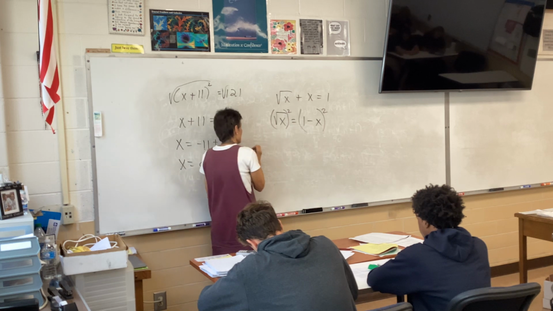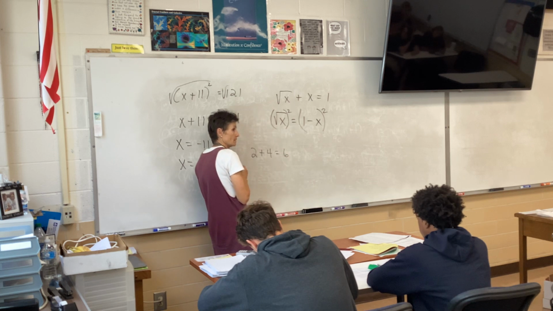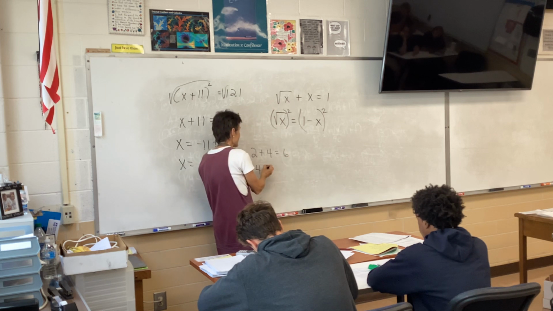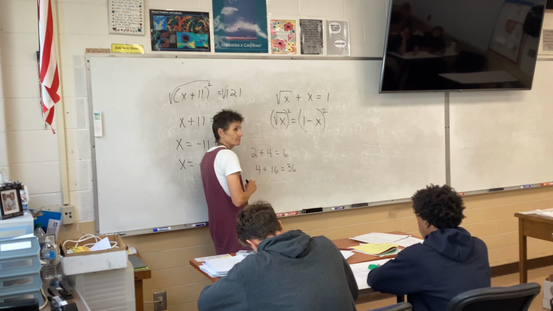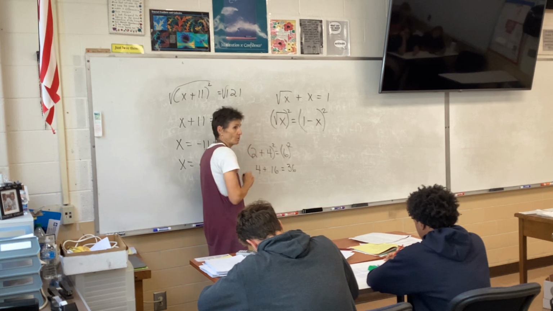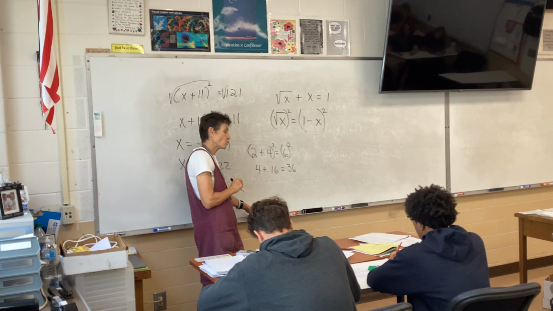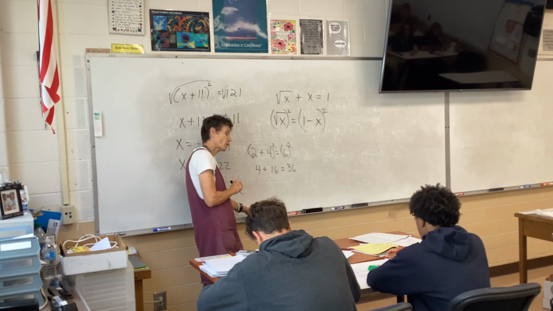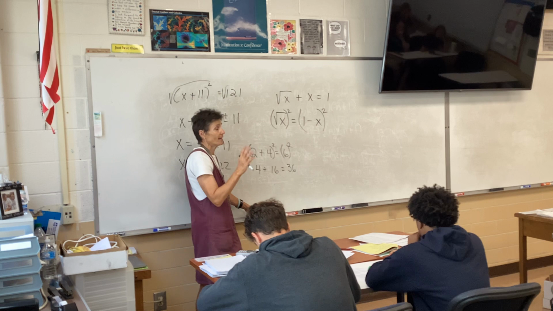Think about it. Is it true that 2 plus 4 is 6? If you square the individual pieces, does it work? No. If you square the sides, it works, but not if you square the pieces. So you cannot square the pieces and you cannot square root the pieces. You have to do it a side at a time.